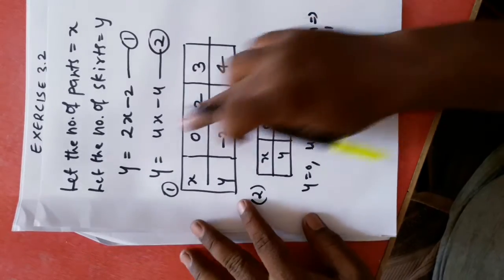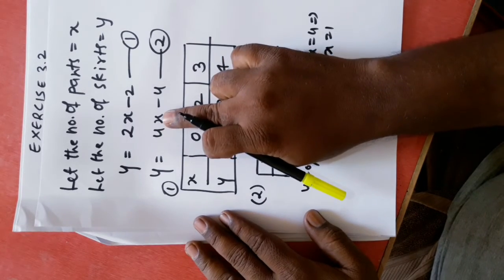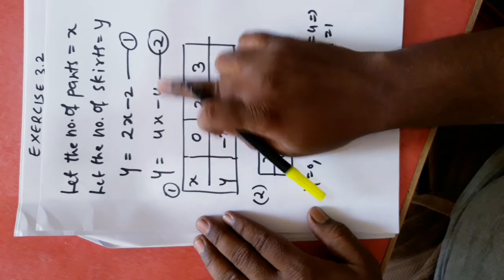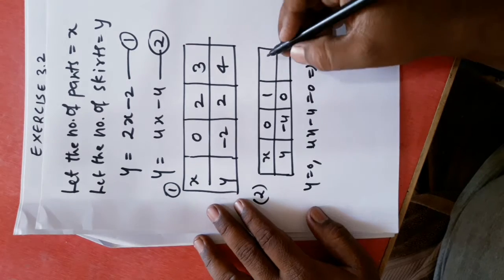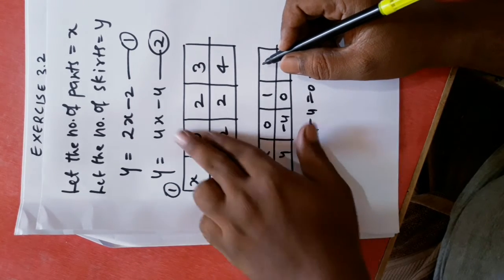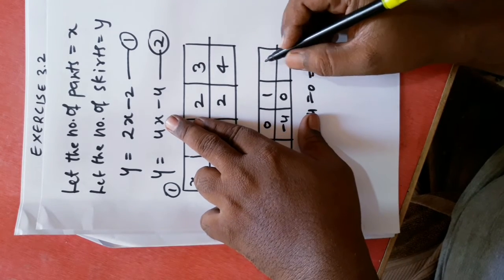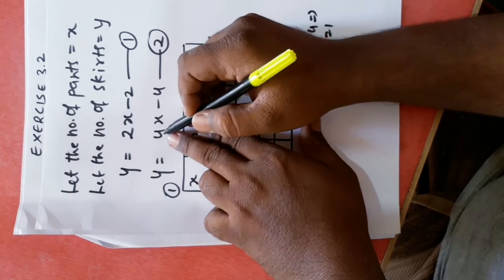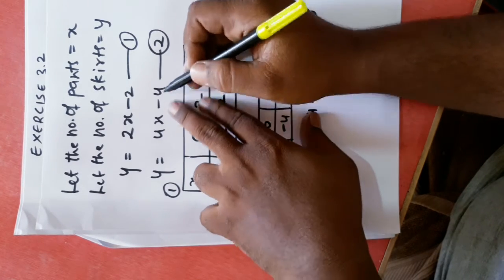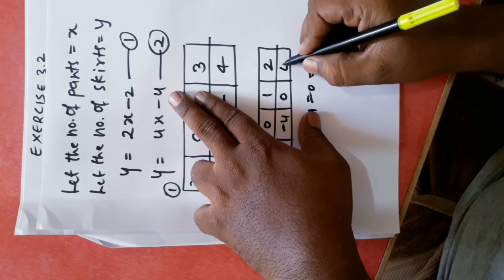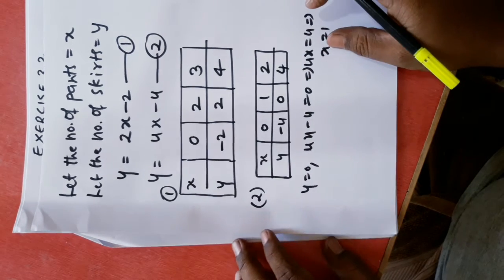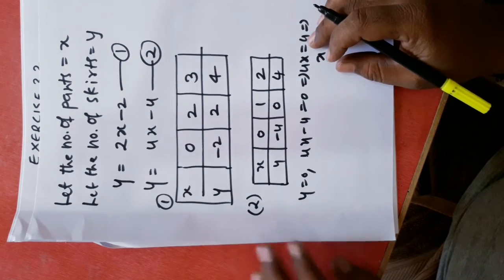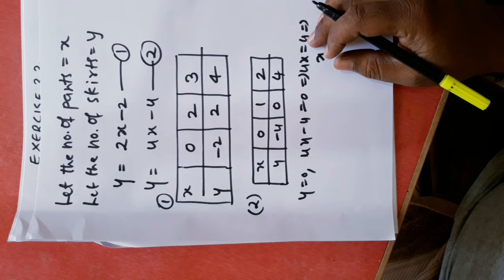Or x equal to 1, this is 4 into 1 minus 4, y will be 0. If I take x is equal to 2, this is 4 into 2, 8, 8 minus 4, y will be 4. Two sets of values we have selected, then you can draw the graph for this.